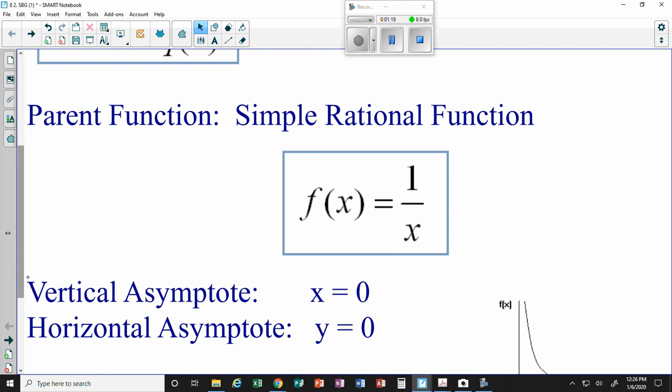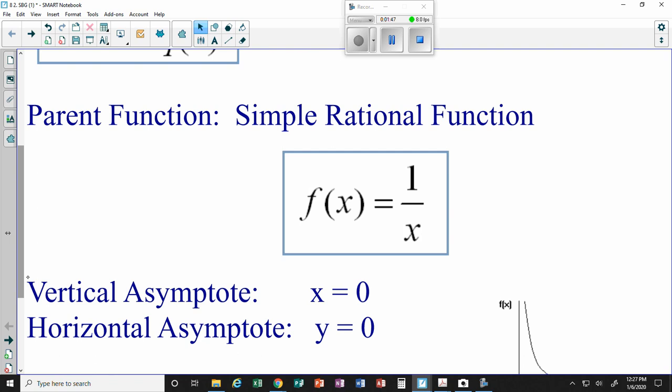These generally, not all the time, are going to have a vertical asymptote and a horizontal asymptote. Sometimes when we get to pre-calc next year, this is where the step up would be. We'll look at functions that, instead of vertical asymptotes, might have a hole, or instead of a horizontal asymptote, might have what's called a slant asymptote, or some other end behavior asymptote.